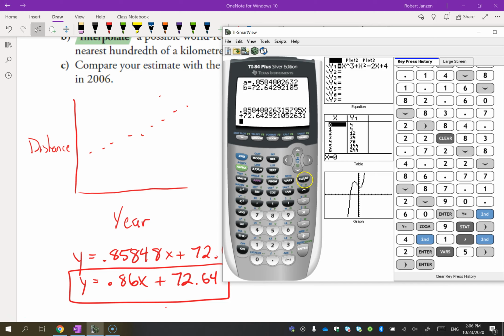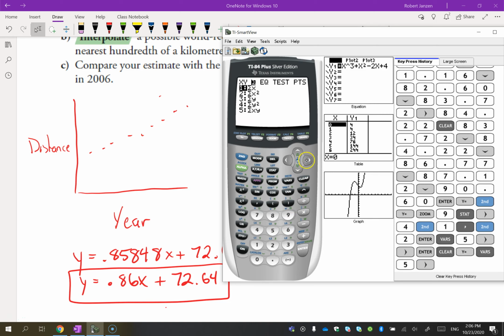Uh-oh, that's not where we wanted it. We wanted to go to y equals, right? So let's put it there. Vars, 5, equation, enter. There it is. All right, and now if I graph, I have what looks like the line of best fit.